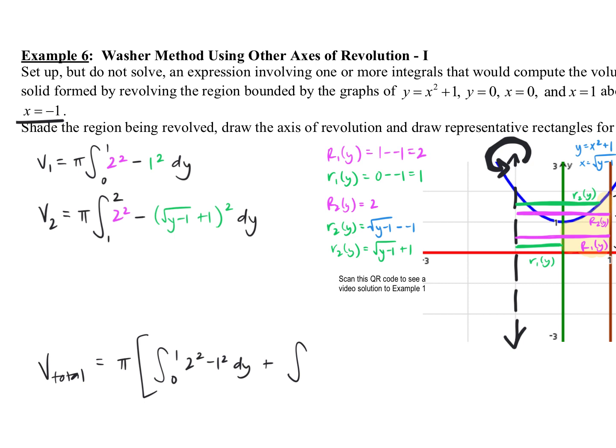We're going from 1 to 2, of 2 squared minus the square root of y minus 1, plus 1 squared. So that's your entire setup. If you plug all that into the calculator, that would be your final answer for the volume of that yellow shaded region rotated about the line x equals -1.